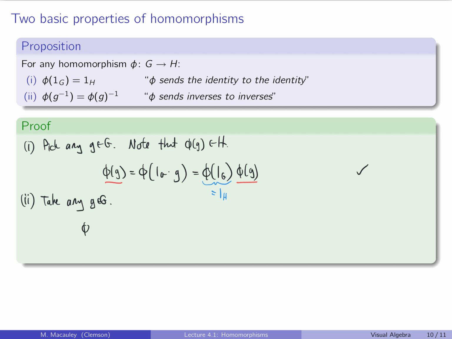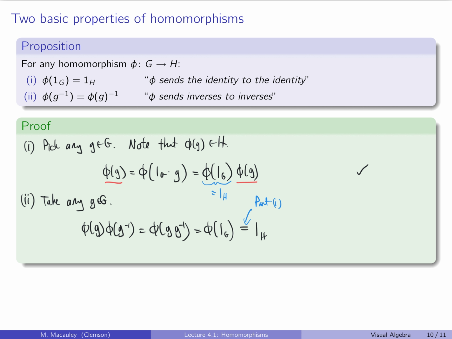Well, phi of g times phi of g inverse, that's equal to phi of g times g inverse. And that's equal to phi of the identity in the domain. And we just showed that this is equal to the identity in the codomain. So this is by part 1.